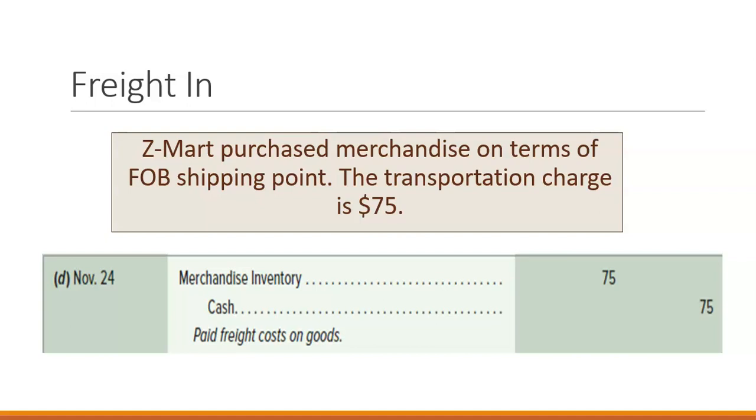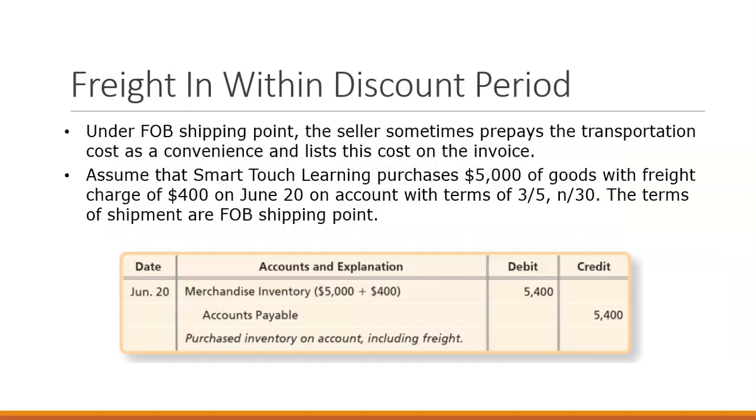So we debit merchandise inventory for $75 and we credit cash. It's considered one of the costs of getting inventory to us to be able to sell it to customers.